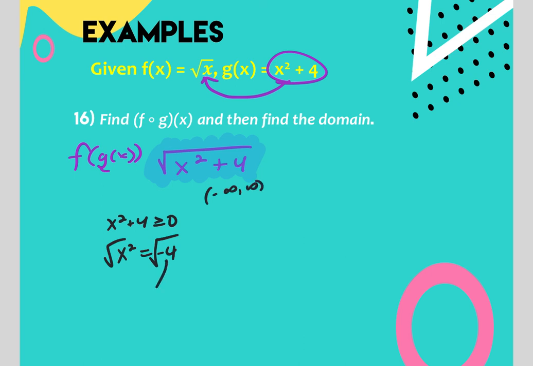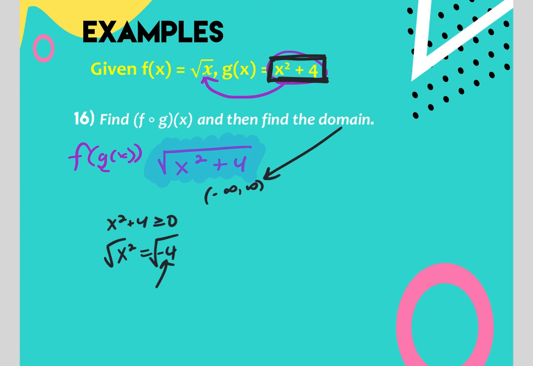So if you can't find an answer to this, then that means there's nothing it can't equal, which means it's all real numbers. Then I go back to the one I plugged in. So I go back to the g of x and say, is there a restriction on that one? Is there a restriction on x squared plus 4? No, which means the domain of this entire thing is all real numbers.